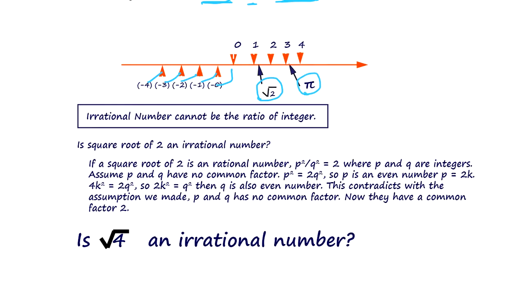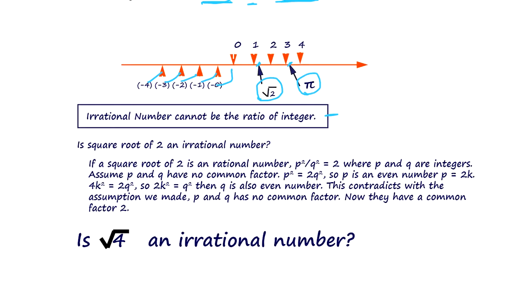So we thought it was pretty much all filled up, but there are still a lot of gaps between the numbers. Those are filled by irrational numbers. So an irrational number cannot be the ratio of integers. That's the definition here. So anything that can be expressed by a ratio of integers is a rational number. If not, it's an irrational number.